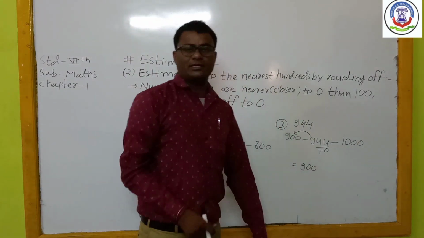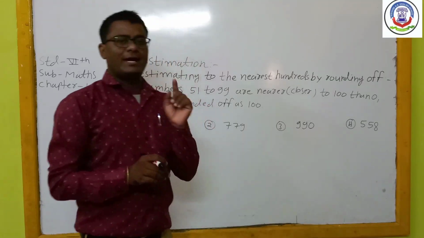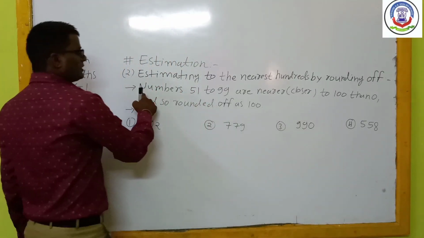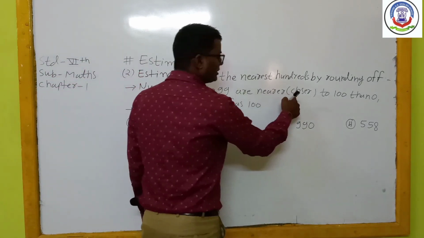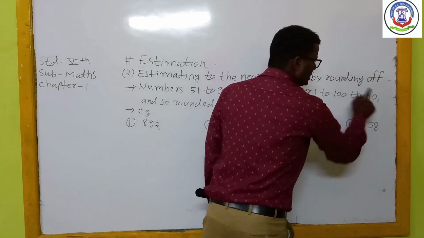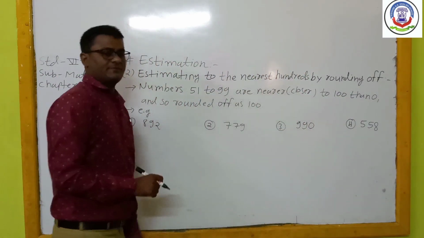Okay students, now we will learn another point, and that is numbers 51 to 99 are nearer or closer to 100 than 0, and so rounded off as hundreds.